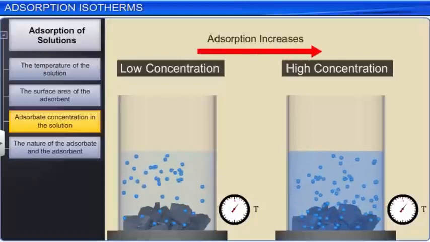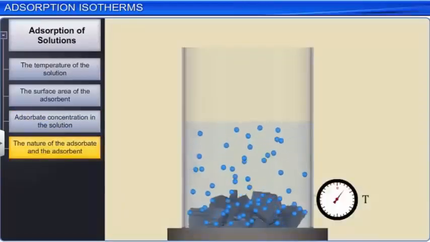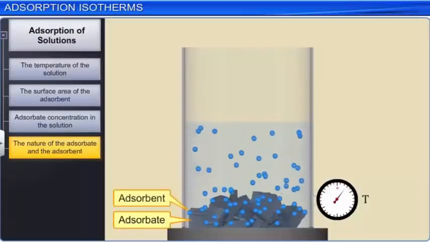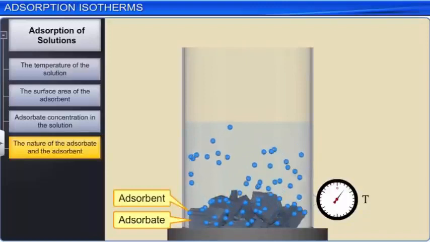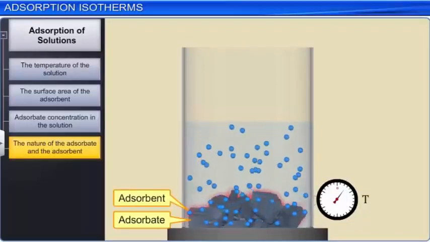Lastly, the nature of the adsorbate and the adsorbent governs the extent of adsorption. That is, the nature of the bonding between the adsorbate and the adsorbent depends upon the species involved.